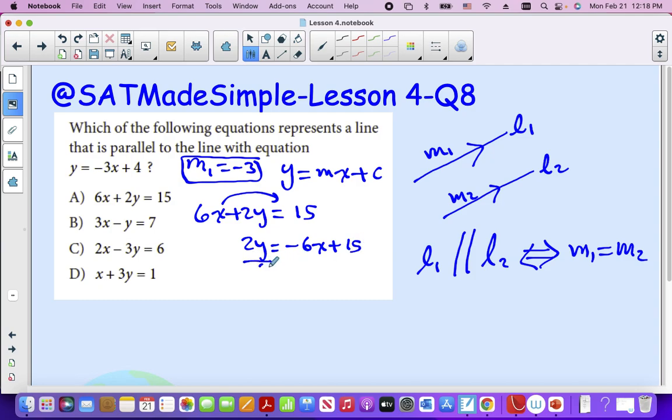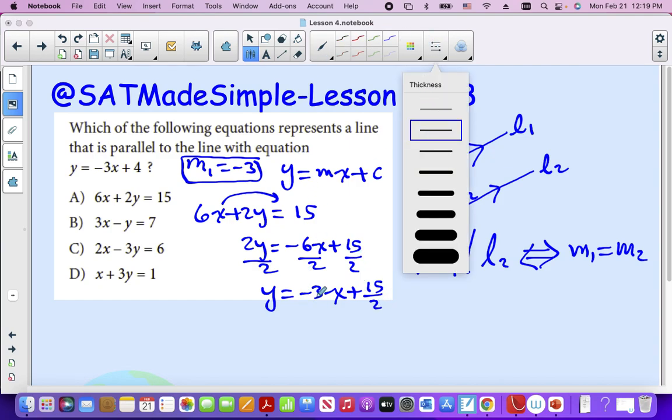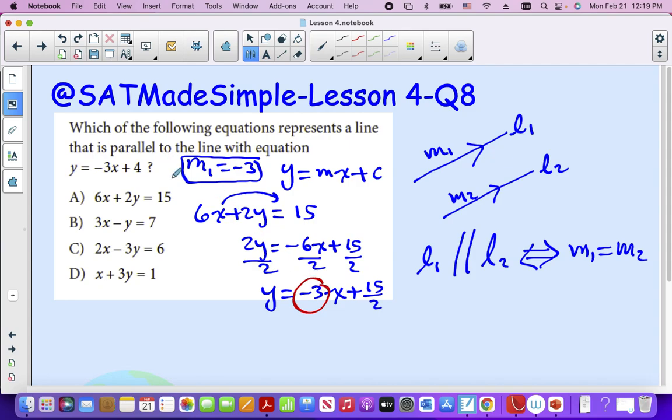Divide by 2, so y is equal to minus 3x plus 15 over 2. That makes the gradient of this line minus 3, which is the same as the first one. So choice A is the correct answer.